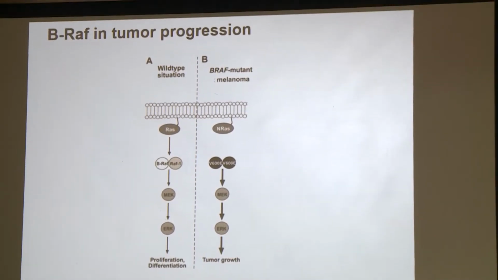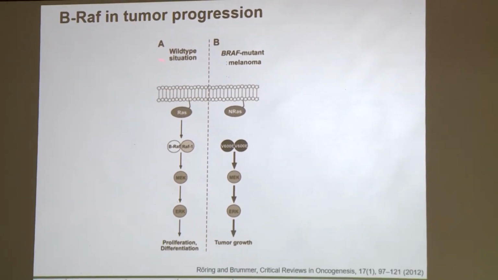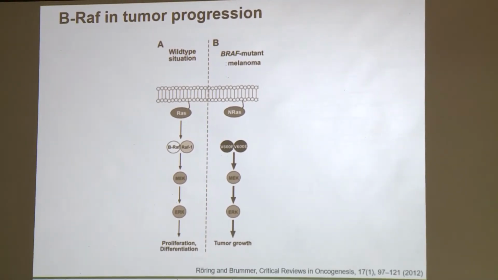Just to give you a very brief background on the biology: under wild-type conditions, if you activate the growth factor, usually these are receptor tyrosine kinases in the plasma membrane, you activate RAS, which activates BRAF. This is MAP kinase signaling, right? And then you have MEK-ERK, which goes into the nucleus and signals proliferation or differentiation.